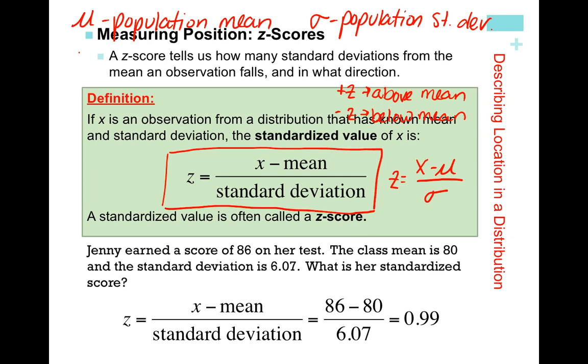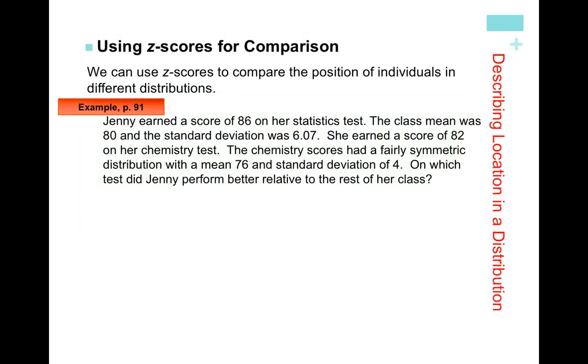When you do this calculation, be really careful if you're using your calculator. Make sure you do the subtraction first in your numerator or put parentheses around it. Otherwise, your calculator is just going to do the 80 divided by 6.07, so the order of operations will be incorrect. That z-score is 0.99, and that tells us how many standard deviations away from the mean she falls and in what direction. She's 0.99 standard deviations above the mean because it's positive.